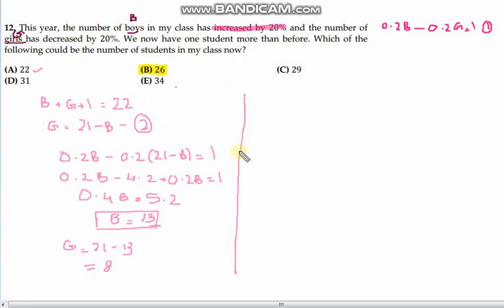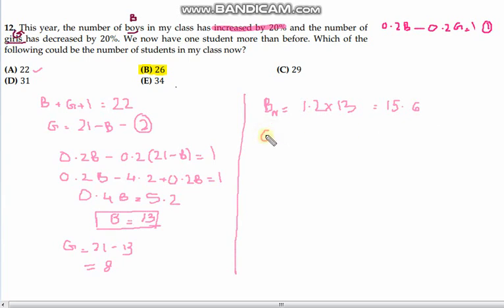If you look at the number of students in our new class, you will remember that we figured that the number of boys equals 1.2B. Remember? So it's 1.2 times 13, and that works out to 15.6 boys. Now, you can't really have a fraction of a boy, can you? You can either have 15 boys or you can have 16, but you can't really have 0.6 of a student, right?